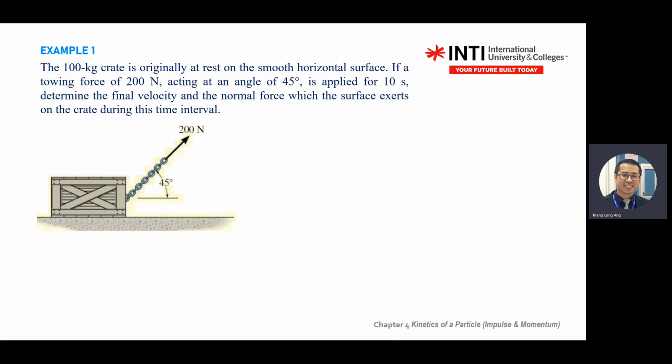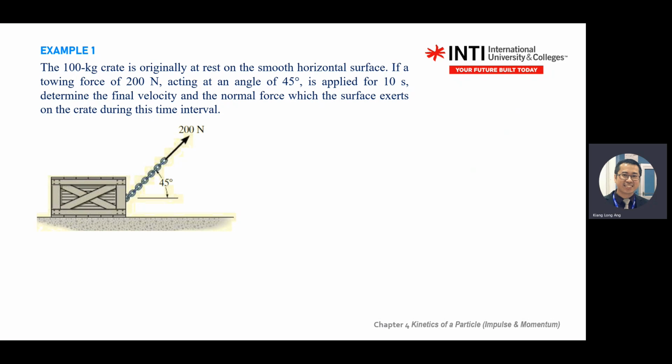Let's apply what we learned. So you see this one in your chapter 1, example 1 question. Now we try to apply the same information but using chapter 4 equation, which is principle of linear impulse and momentum. So you are having an object pulling by 20 Newton at 45 degree.